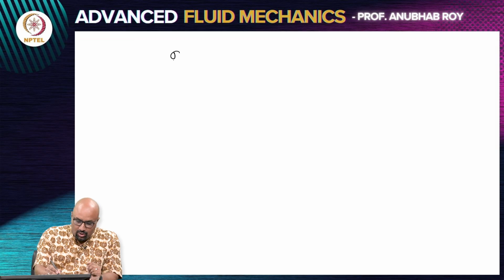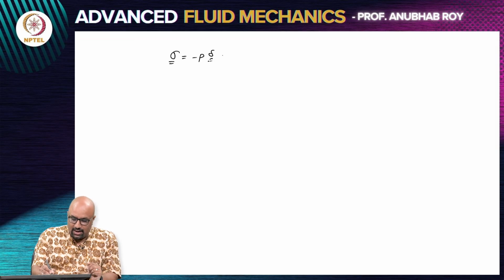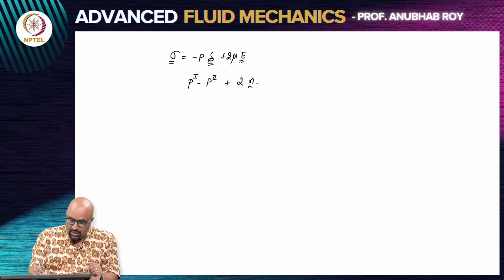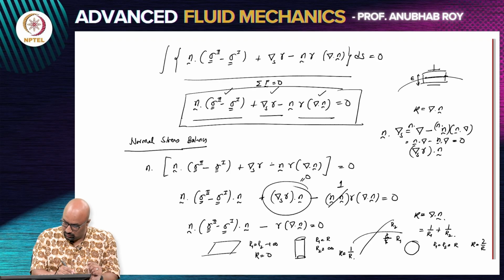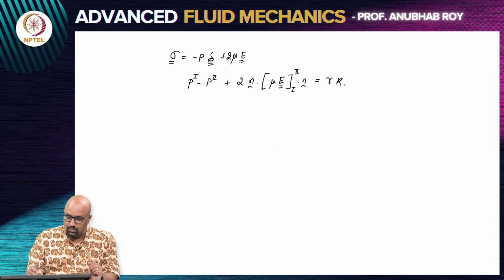Now, for a Newtonian fluid, sigma is minus P delta plus 2 mu E. So the normal stress balance is going to have P1 minus P2 plus 2 n dot (mu 2 E2 minus mu 1 E1) dot n.